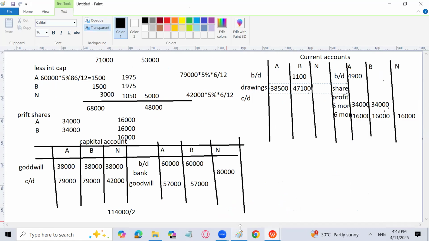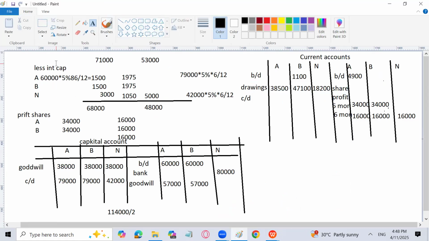So now you will go with the total and find the carried down for all the three, and this is how you will get the answer for the current accounts.